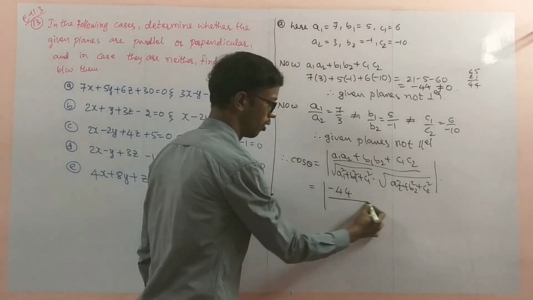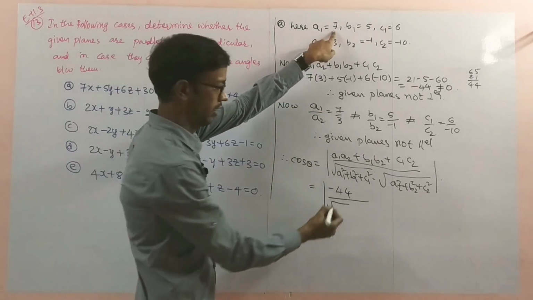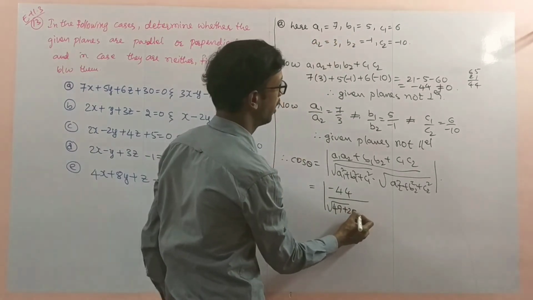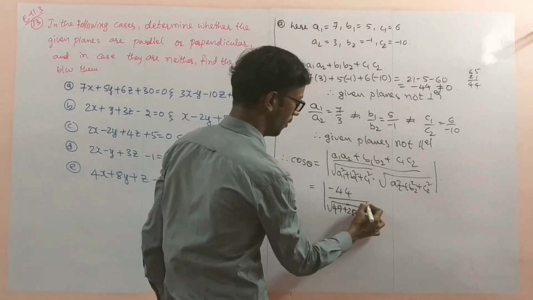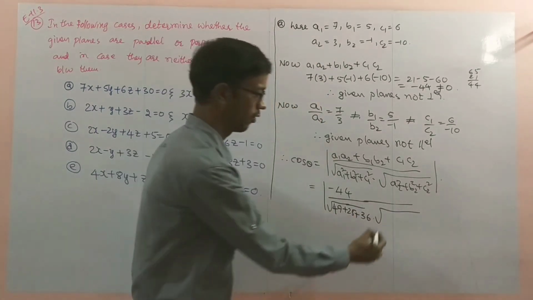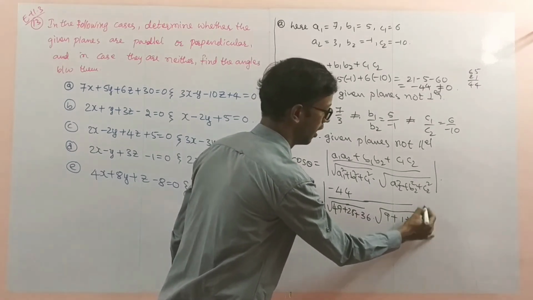So here what will you write? Minus 44 by square root of 7 square is 49, 5 square is 25, plus 36, times square root of a2 square: 3 square is 9, 1 square is 1, 10 square is 100.